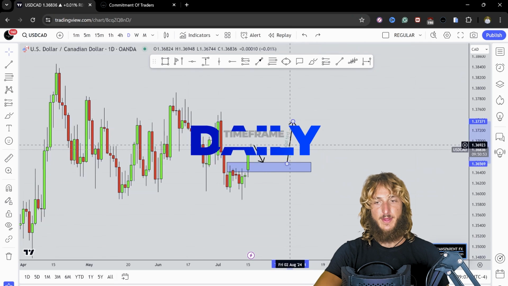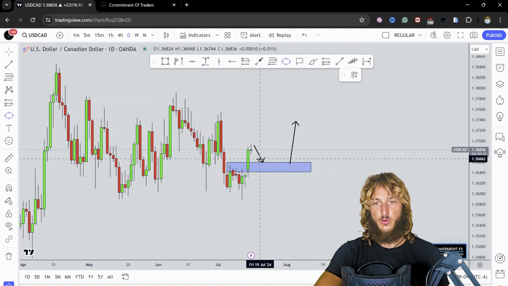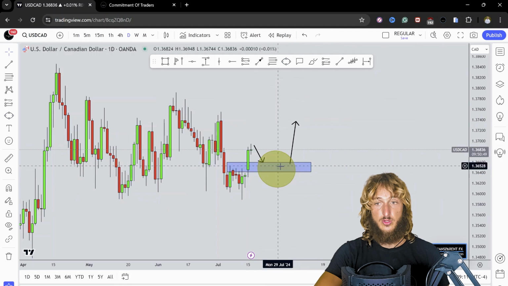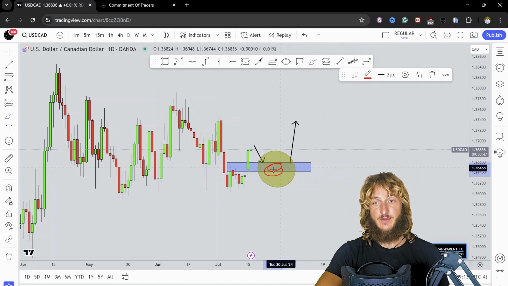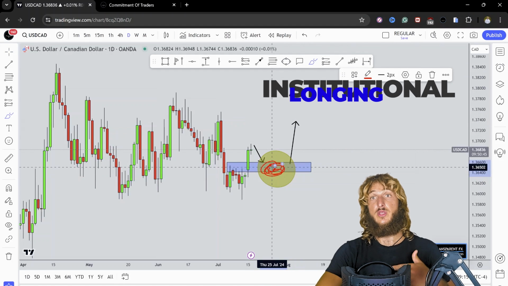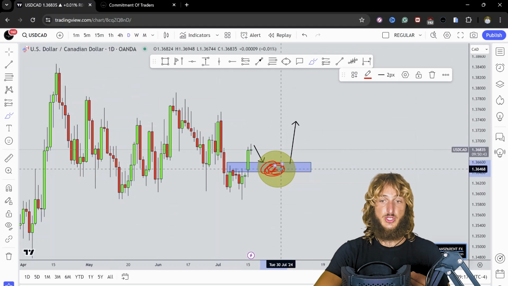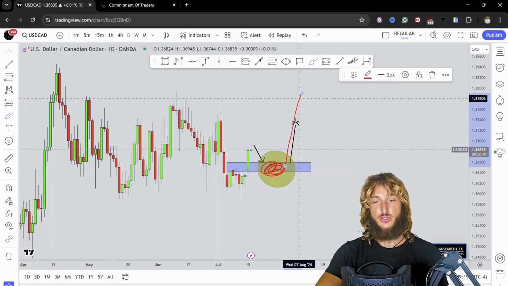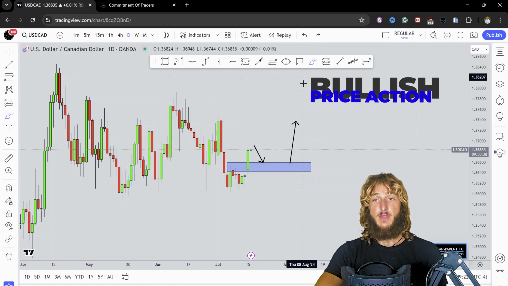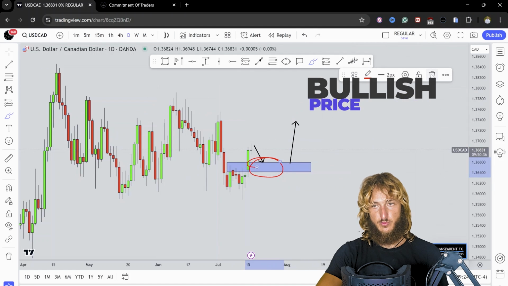Well, this means that from a daily perspective, if the market will now correct to this zone, there is a good probability, as we were saying, that we could see some institutional longing here, so even more shorts on the CAD, which at that point would potentially push USDCAD higher, because this is also a confluence of support area.